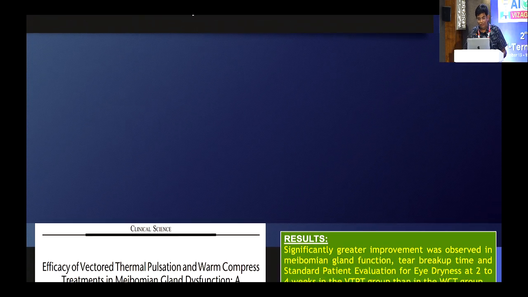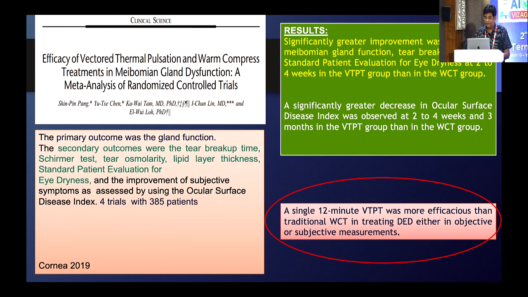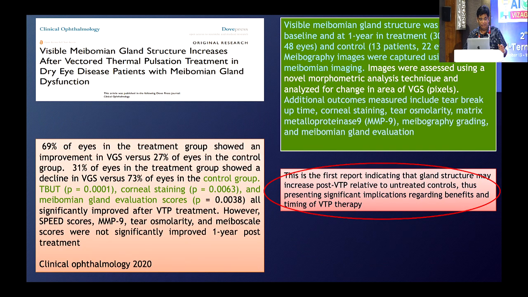So does it really work? What does the literature say? What do other studies say? One study reported that a single 12-minute cycle of vectored thermal pulsation was more efficacious than traditional warm compresses, in either objective or subjective measurements, in treating dry eye with MGD.